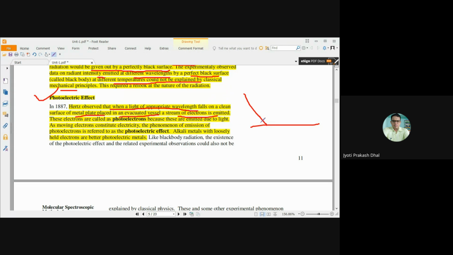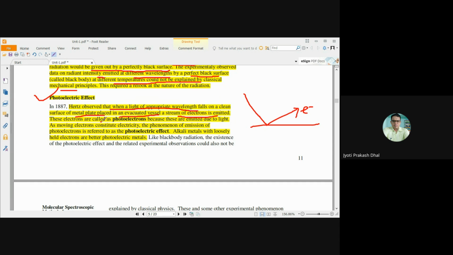So electrons will be emitted from the metal surface. Hertz observed that when light of appropriate wavelength falls on the clean surface of a metal placed in an evacuated vessel, a stream of electrons is emitted.